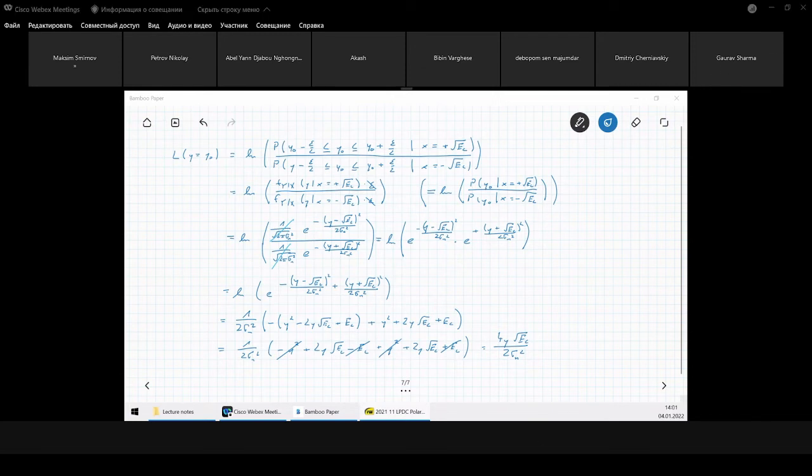Okay, so this is basically the ratio of the probabilities if we observe a value being y0. I'm just a bit confused because I thought square root EC would cancel out. Let me just briefly think about this again.